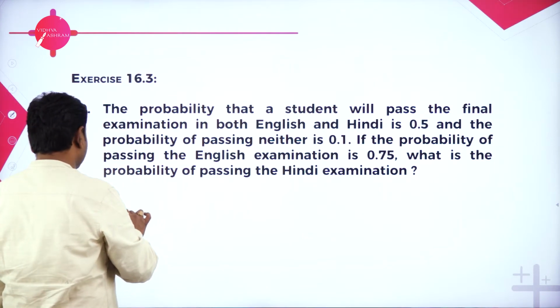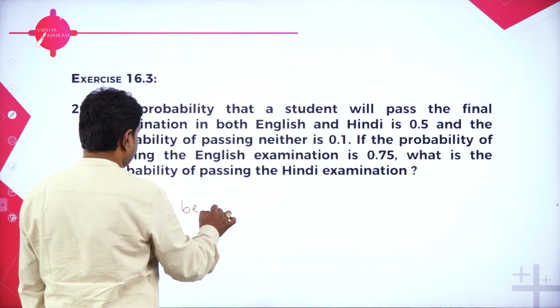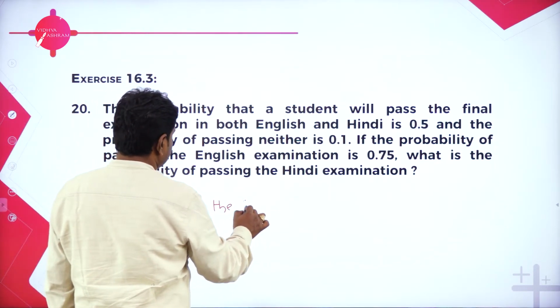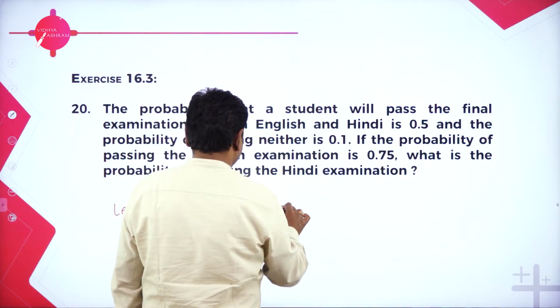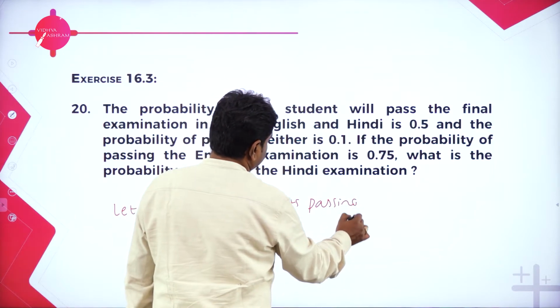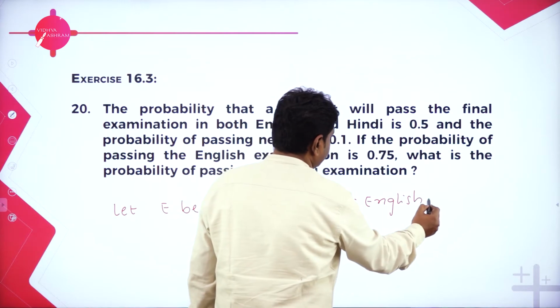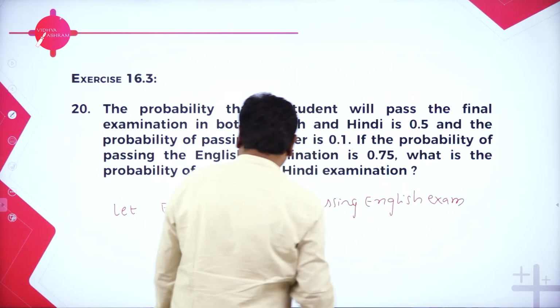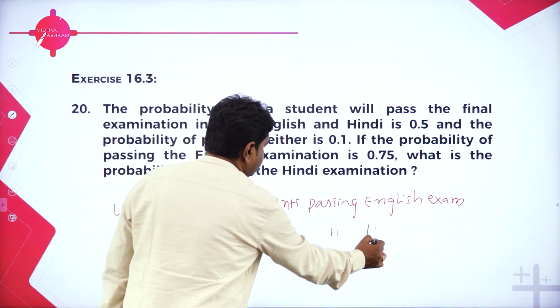So let us start by assuming, let E be the students passing the English exam. So let us assume two sets. Similarly, H be the students passing the Hindi exam.